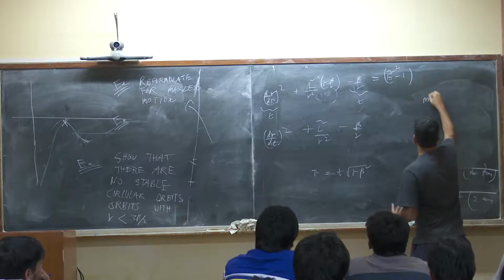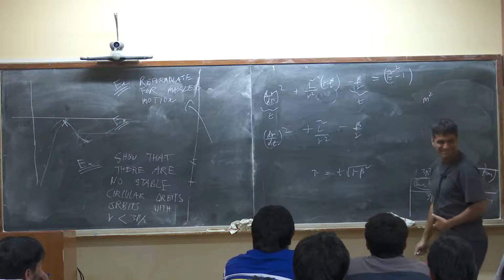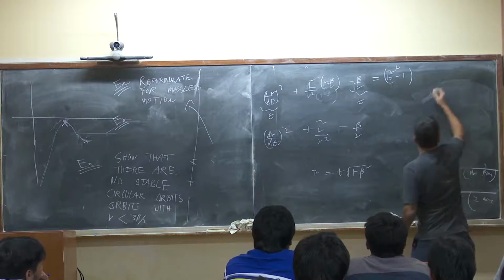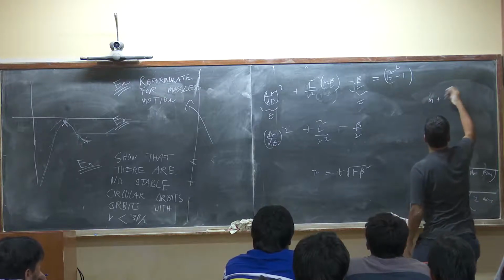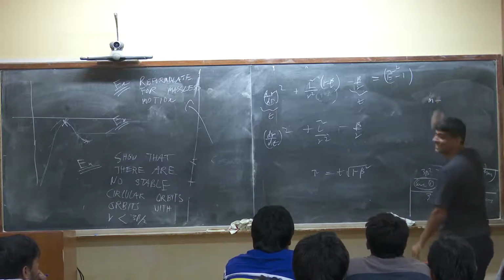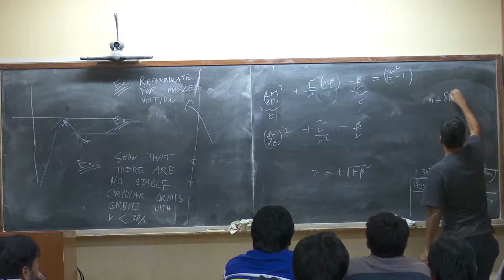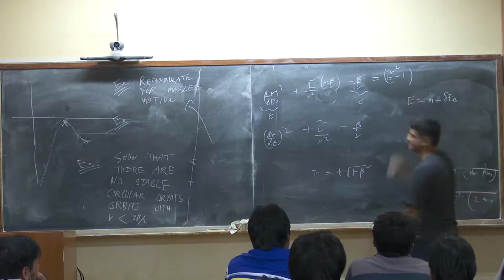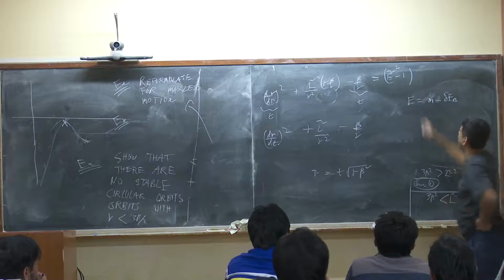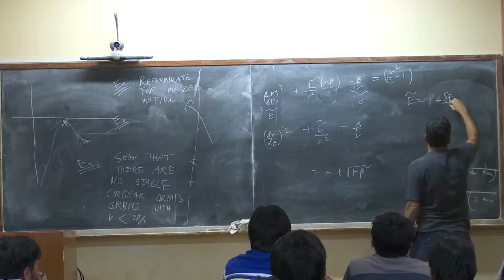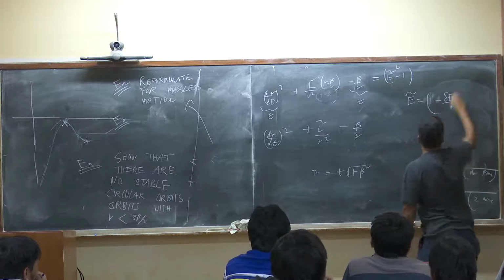But the full energy is m plus kinetic energy, extra energy. Let's write it as binding energy, minus delta EB. E is equal to this. E tilde was this divided by m, so it's 1 minus EB by m.